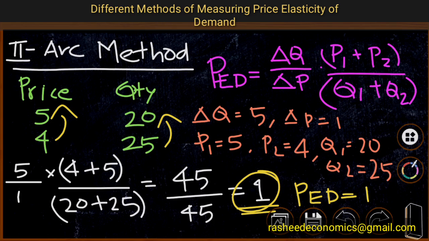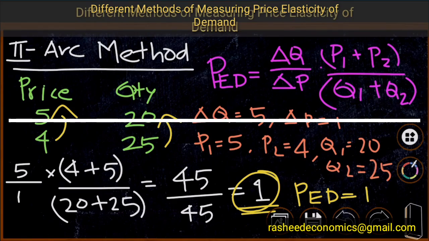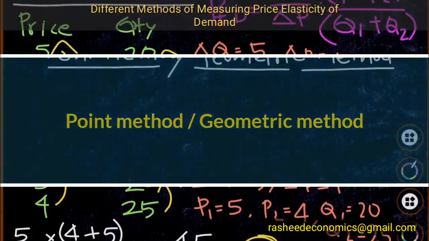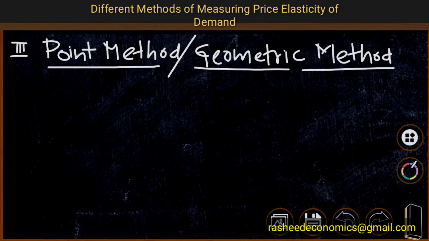Therefore, movement from A to B and the reverse movement from B to A on a single demand curve provides you a single value of price elasticity of demand using this arc method. Therefore, the arc method is an advancement or improvement over the conventional proportionate or percentage method of measuring elasticity of demand. As the next step, we are going to analyze the point method or geometric method of measuring elasticity of demand.